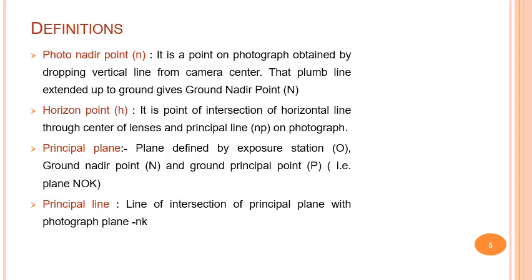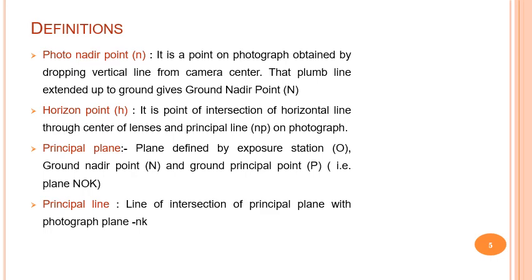Then another is the photo nadir point. It is the point on the photograph obtained by dropping a vertical line from the camera center. This is called the photo nadir point. Horizon point H: it is the point of intersection of the horizontal line through the center of the lens and the principal line NP on the photograph.